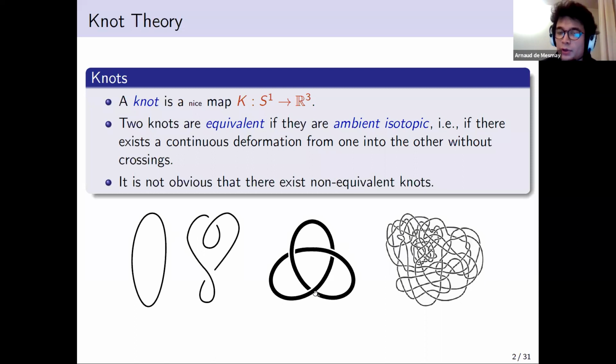Here we've got a different knot, and this one, no matter how hard you try, you will never succeed in untangling it, in untying it to make it into the trivial knot. So this one is a non-trivial knot, but already you should be aware that it's not obvious that it's a non-trivial knot. And really, it's not obvious that there exists any non-trivial knot at all.